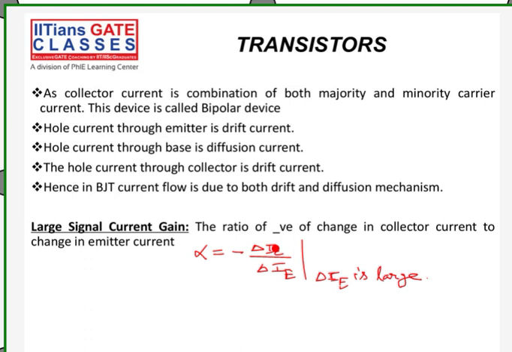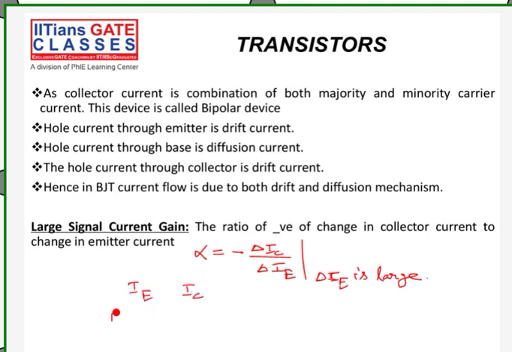So here we can see the large signal current gain, that is the ratio of change in collector current to emitter current with the negative sign. So alpha equals minus delta IC divided by delta IE, where delta IE is a large value. Now here, if we see the two currents, IE and IC, what happens?